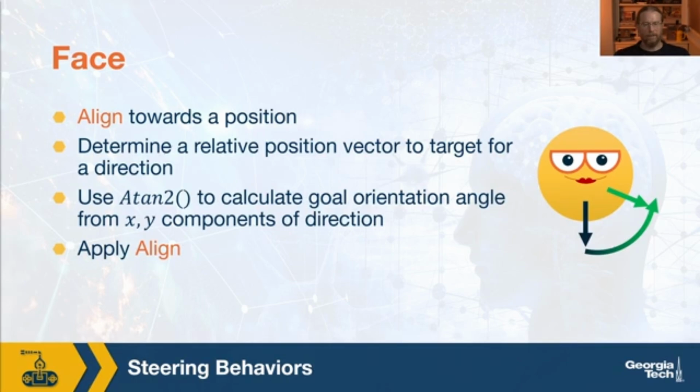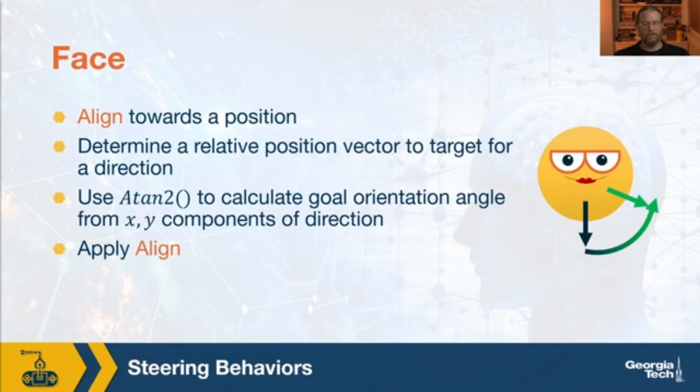And this is a special implementation of ATAN, or arctangent rather, abbreviated to ATAN. But it's a special version that tracks the numerator and denominator sign to figure out what the sign should be on the angle.